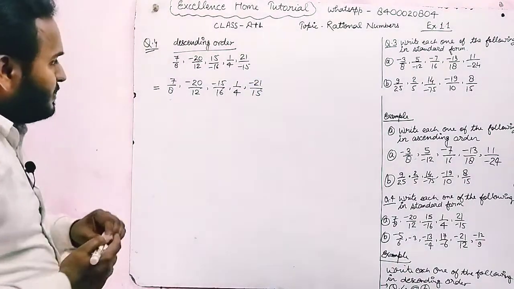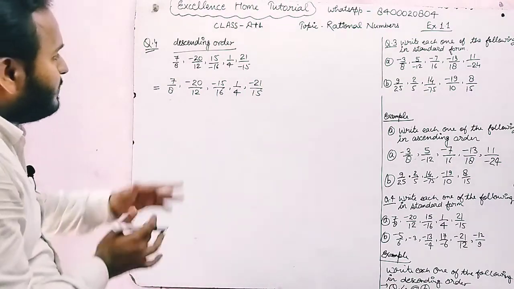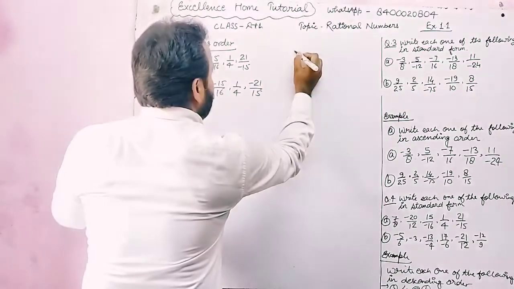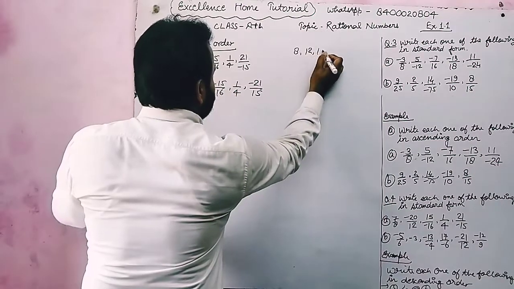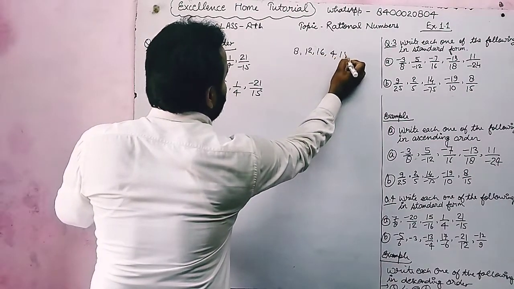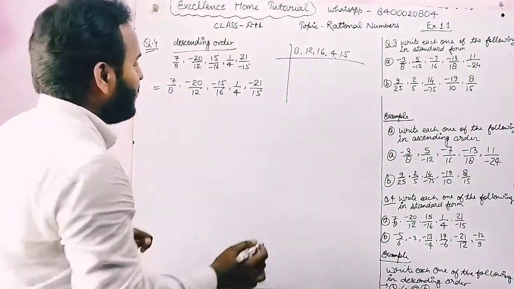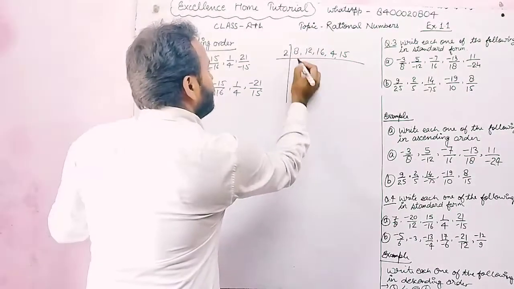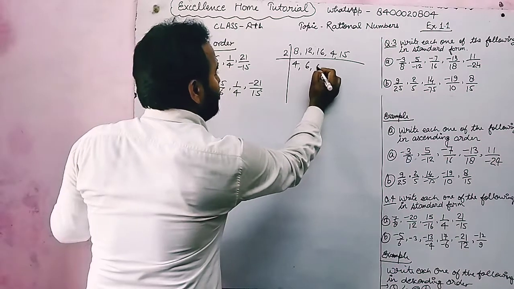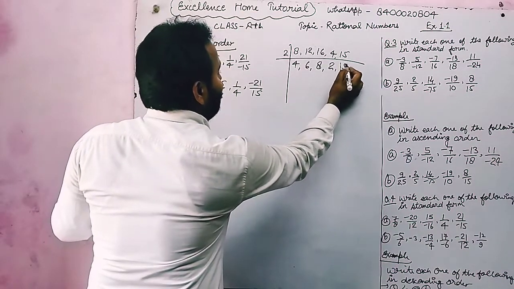After this, we have to take the LCM of the denominators 8, 12, 16, 4 and 15. To find the LCM, we divide by 2: 2 fours are 8, 2 sixes are 12, 2 eights are 16, 2 twos are 4, and 15.